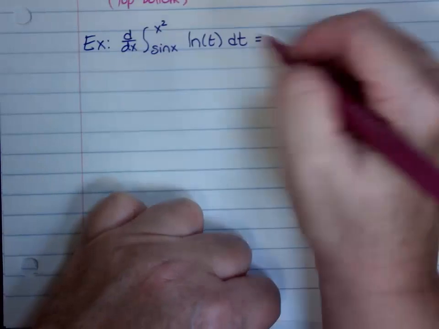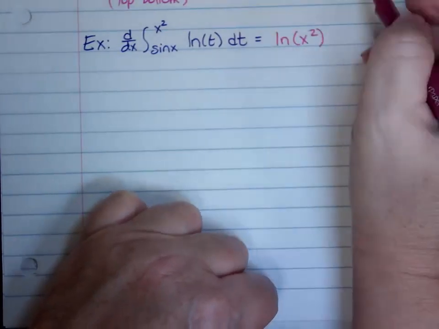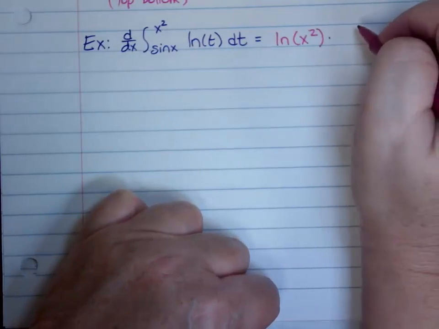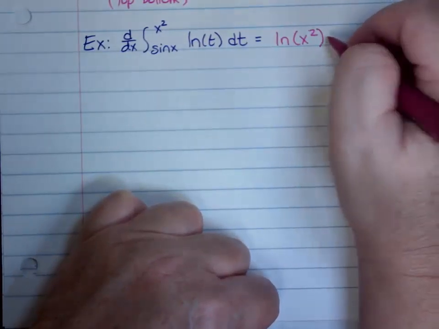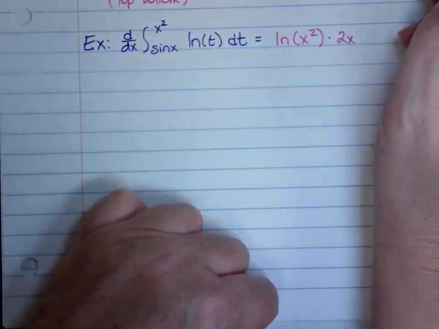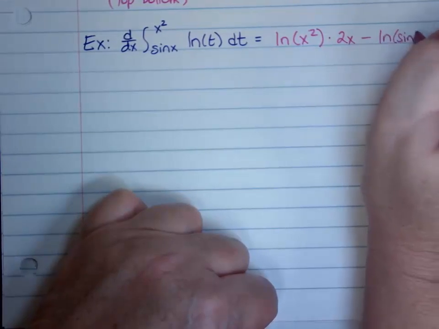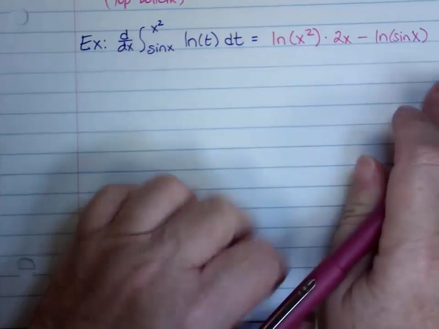So it's going to be ln of x squared times what? 2x. The derivative of the thing you plugged in, 2x. Minus, now we plug in the bottom thing, ln of sine of x, times its derivative.